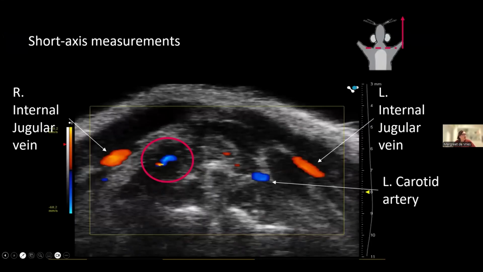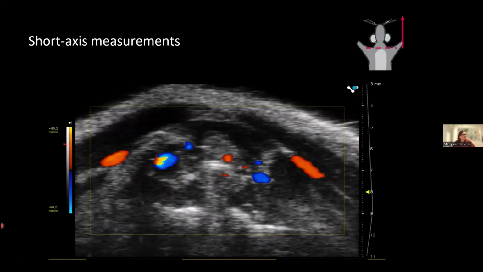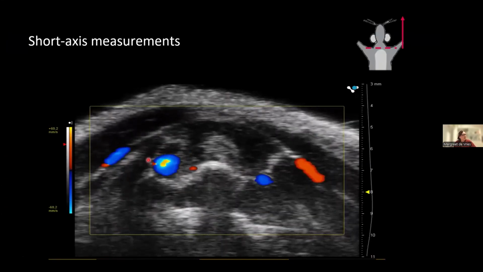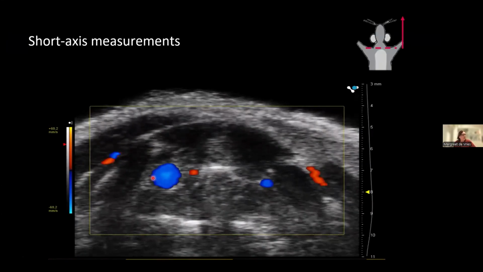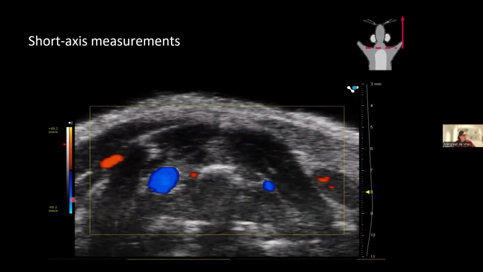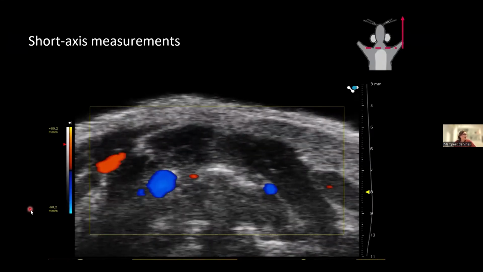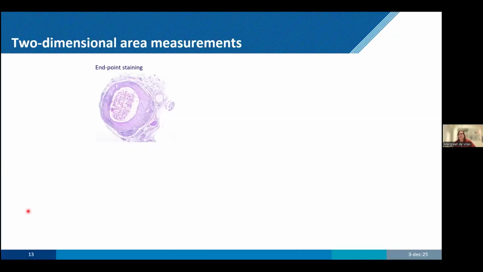We also do a lot of measurements on the short axis, as you can appreciate over here. Here we have the vein graft, where in this Doppler image you can really see the turbulent flow. Originally, we mostly do endpoint stainings, where we can do two-dimensional area measurements.